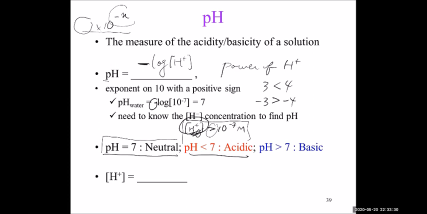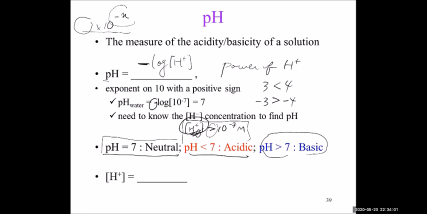When the concentration is less than 10 to the negative 7, you take the pH and it becomes larger than 7. Larger than 7, the solution is basic, when the H+ concentration is smaller than the neutral concentration. So that's how you find pH. We'll show you some examples of how to find pH. If this reaction reverses, if I have a pH, let's find out H+.